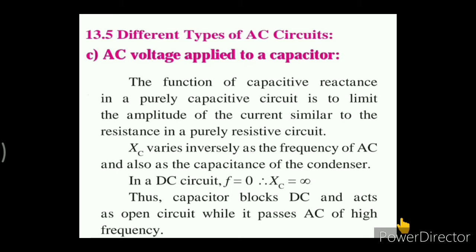So here we can say that when the capacitor is connected across the DC supply, the capacitor blocks the DC and acts as an open circuit, while it passes AC of high frequencies. That means the capacitor offers infinite opposition to the flow of DC current, and this shows that the capacitor blocks DC.